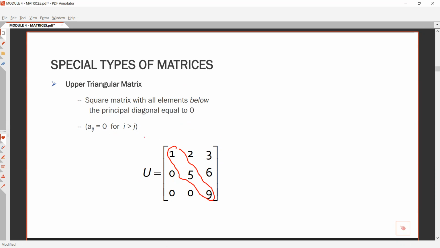Okay, so this one, makikita niya yan dito. So this one is A11, A12, A13. Okay, this is A11.